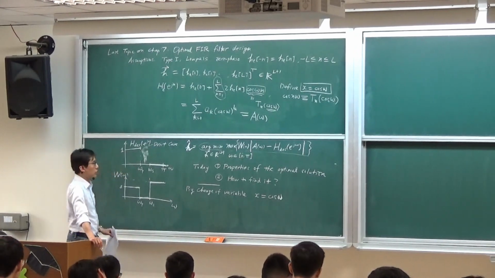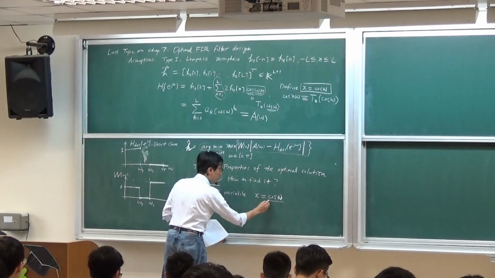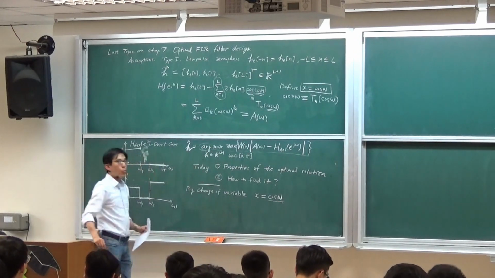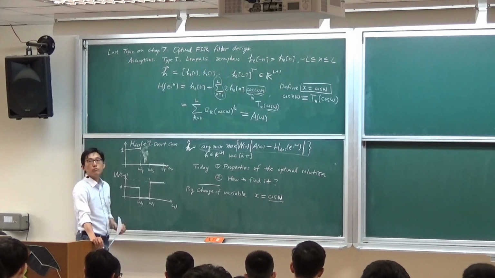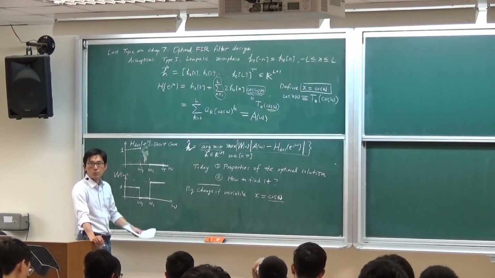Let me say that again. So by defining this transformation, changing the variable from omega to x, we are going to find an optimal polynomial. Okay, and that polynomial is going to have some nice properties.